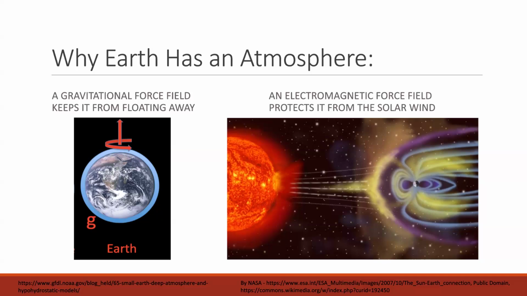So just the mass of our Earth, the fact that it's large, and the fact that it has this liquid core inside the structure of it, not all planets do, is what generates this electromagnetic field that protects us from the solar wind. And both of these things together allow the Earth to have an atmosphere.